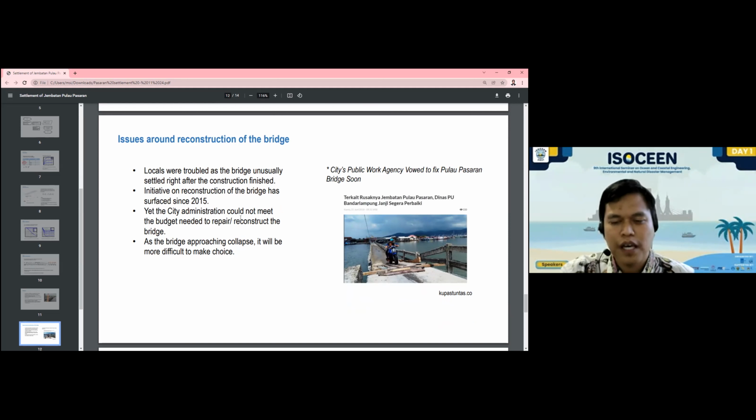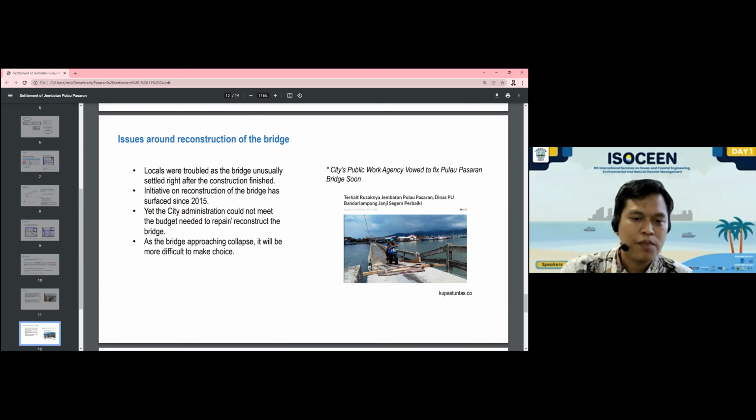In ITERA, we have ocean engineering and Purino, which means a research center specialized in the study of infrastructure in Bandar Lampung as well as Sumatera. From investigation as well as interviews of the locals, they were troubled as the bridge unusually settled right after the construction finished.